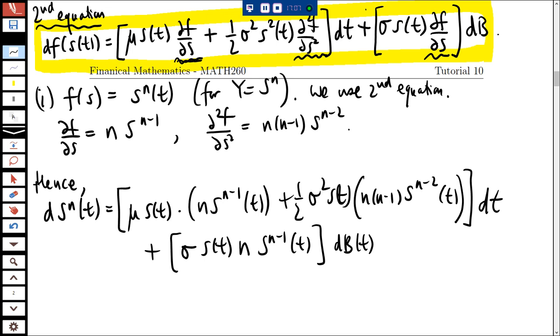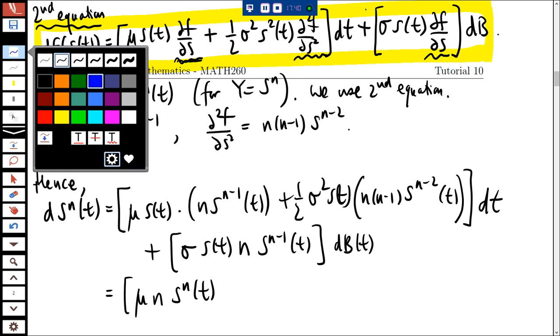Okay, so now I want to simplify this. I think there's a little bit we could do. I can see that the s to the n minus 1 and the s's come together. So we have that in the first term. In the second term, have I missed something there? Is that right? Oh, I've missed the squared. Oh, okay, let's write it in blue.